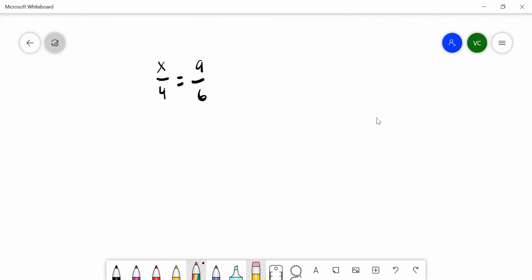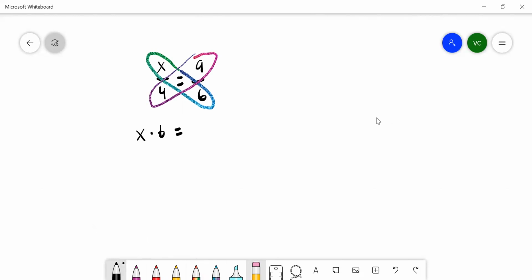Okay, if you decided to use the butterfly method, you would multiply these two. So it would be x times 6, and you would multiply these two.